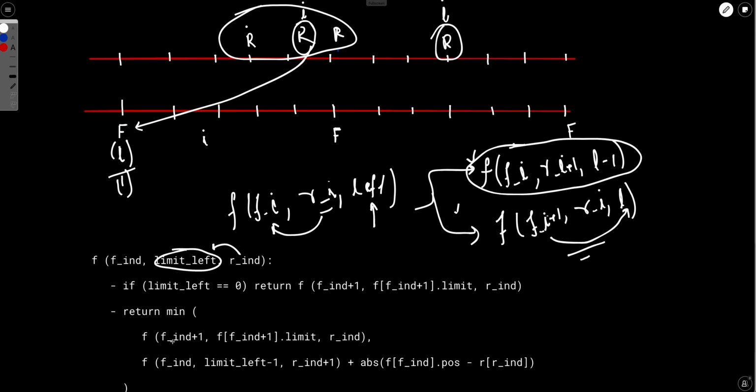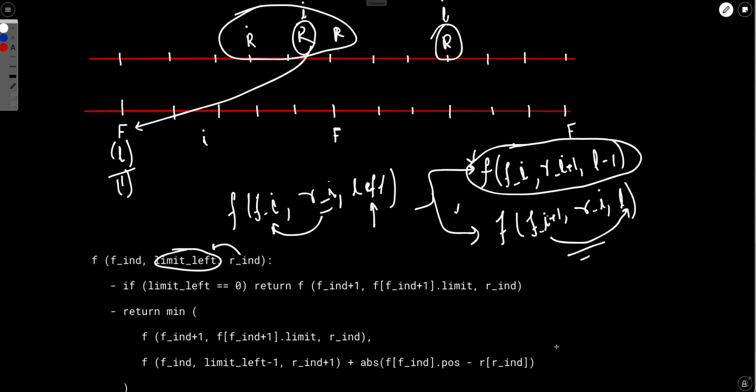I will not assign anything to this index, I will just move forward, or I will assign it to this index. So I will move forward, but limit left would be decremented by 1, and this is the assignment cost. Okay. And again, you can just memorize it and it will work.